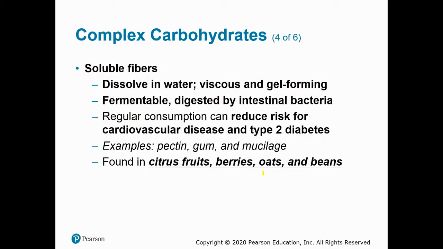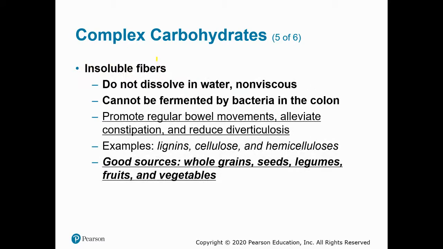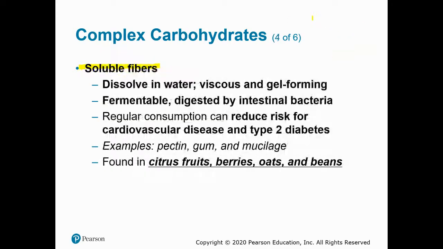There are two subdivisions of fiber that I do want you to know: soluble fiber, and we'll talk about insoluble fiber. Definitely do need to know these really well. So soluble fiber, as the name implies, is soluble in water. So soluble fibers will absorb water when we eat them and start to digest them.